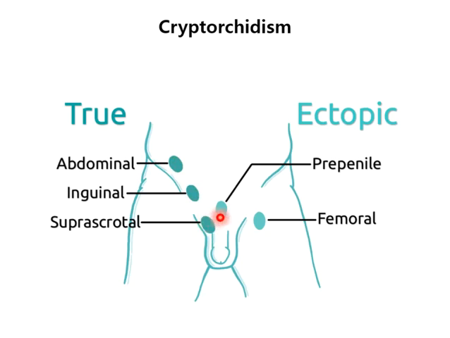It is called ectopic when it is outside its normal route of descent. So it could be prepenile, just above the penis, or it could be in the femoral region, in the leg region. That is an ectopic cryptorchidism.